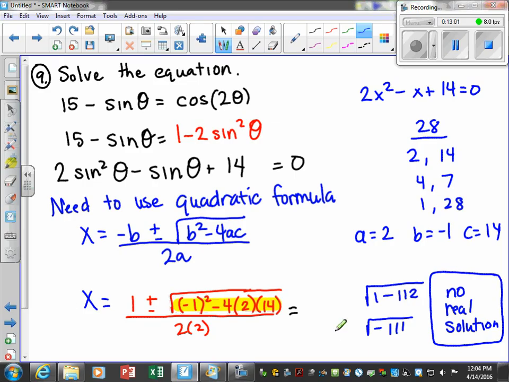Now, if you didn't remember properties of your discriminant to do that, you would have just calculated this entire thing out, and when you run into a negative radical right there, you would have got no real solution as well. If this were positive, you would have to go back and calculate to get an actual number.